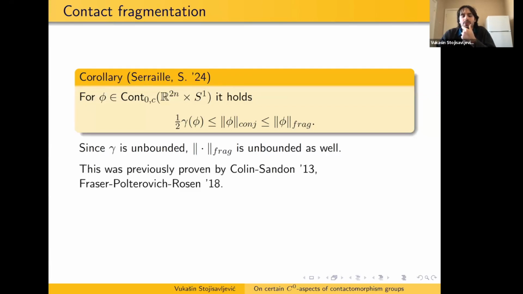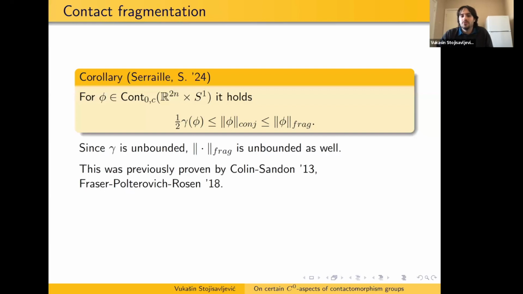And so I want to say that this actually was first proven in 2013 by Colin and Sandon, and then again reproven by Fraser, Polterovich, and Rosen in 2018. And this is a third proof. And I would say that these proofs are kind of independent. So Colin and Sandon also construct some metric which is less than fragmentation norm.